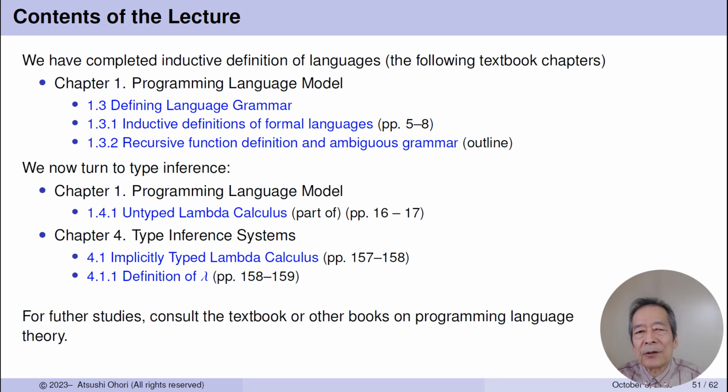So at this moment, let me review the contents of the lecture. So far, we have completed inductive definition of languages and proof by induction through the notion of inductive closure. This part covers these chapters of the textbook. And now we turn to type inference.